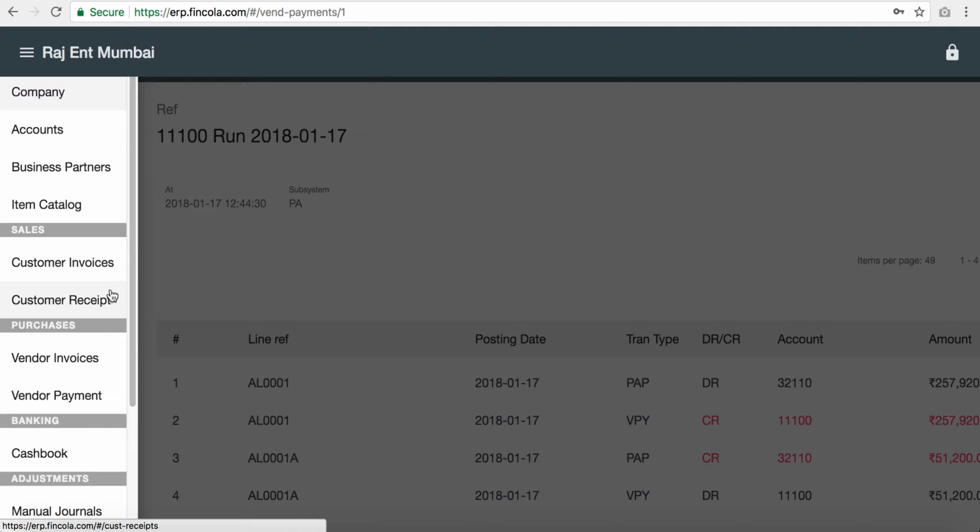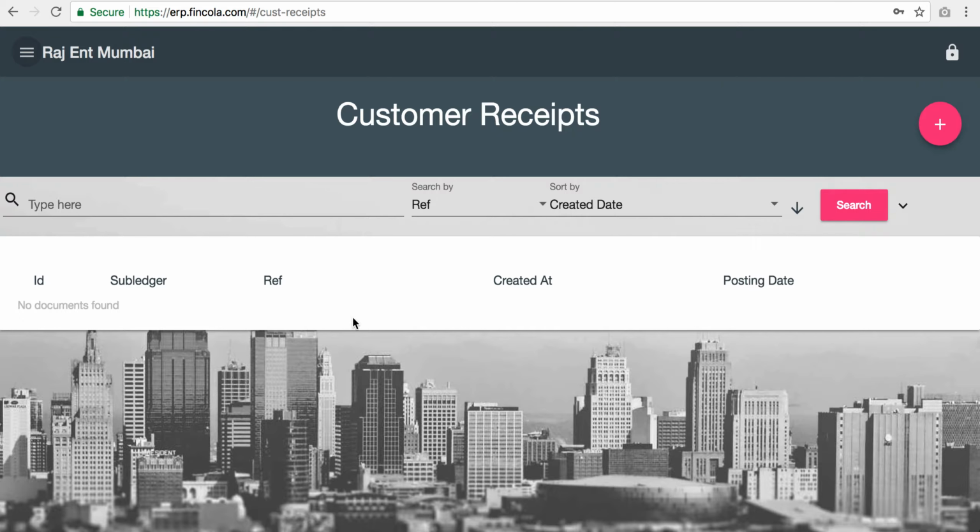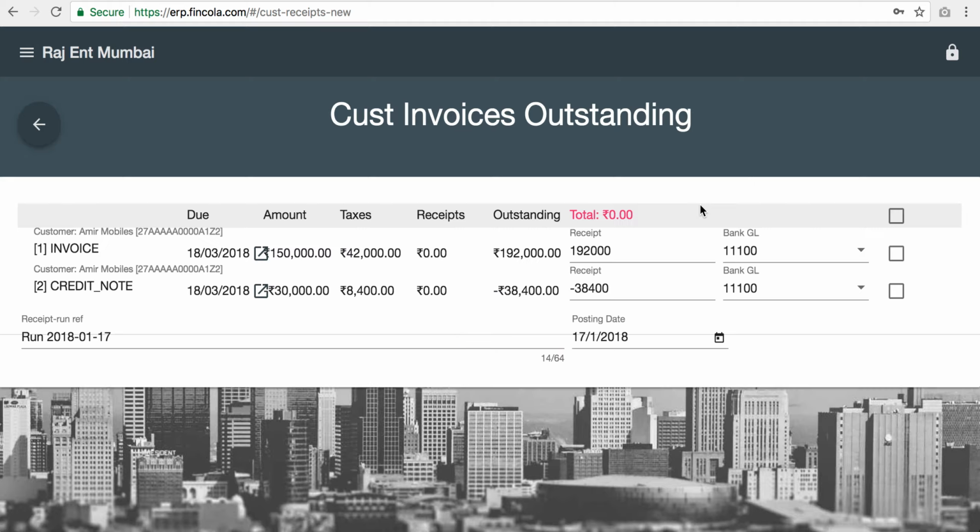Now let's have a look at customer receipts. It works somewhat similarly. Right now we don't have any customer receipts. Let's create one. We had a sale to Amir Mobiles where we sold some laptops, and let's say we received the whole payment for the invoice adjusted with the credit note, and this is the amount that Amir owed us.